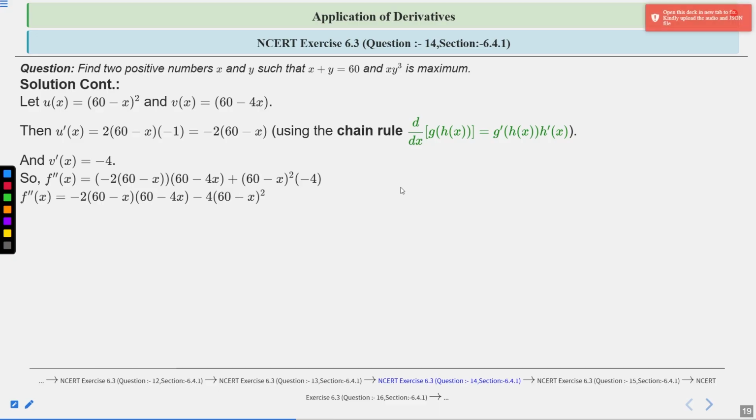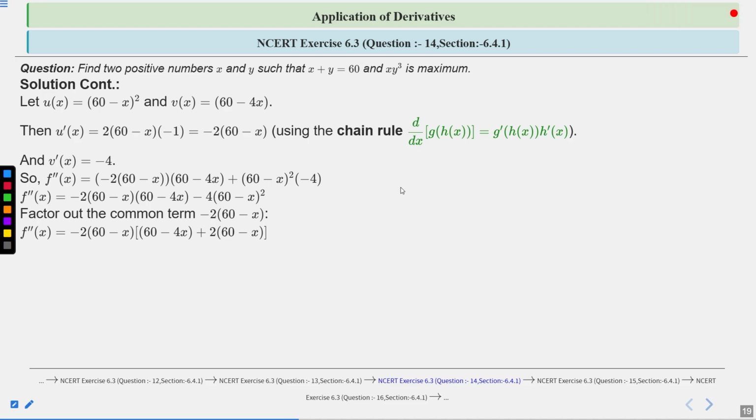So f double dash x will be equal to, after further simplification, minus of 2 into (60 minus x) into (60 minus 4x) minus 4 into (60 minus x) whole square, right? Now factor out the common term. After factoring out the common term, f double dash x will be equal to minus of 2 (60 minus x) into [(60 minus 4x) plus 2 into (60 minus x)], okay?